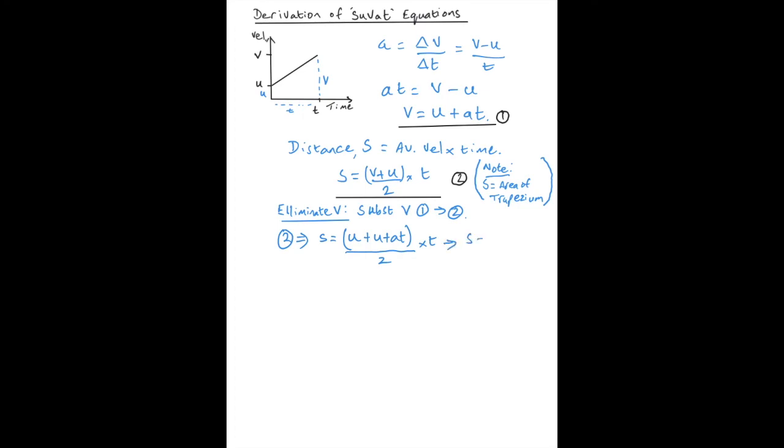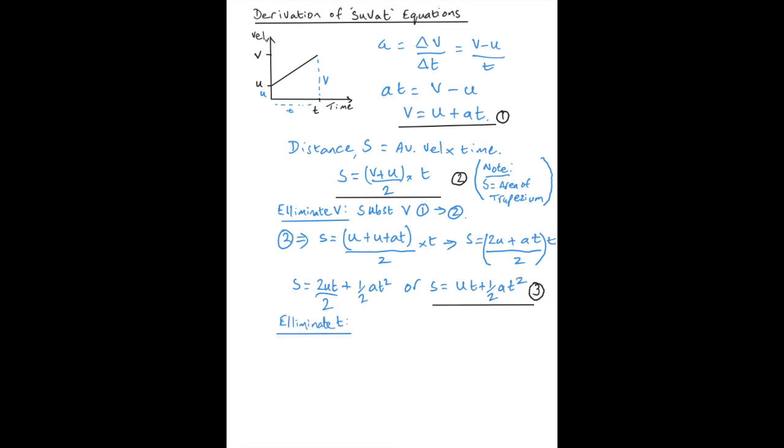This simplifies to s is equal to 2u plus at all divided by 2, and then this is in turn multiplied by t. Separating these terms, we get that s is 2ut all over 2 plus half at squared, which we usually write in the form s is equal to ut plus a half of at squared, which is our third important equation.